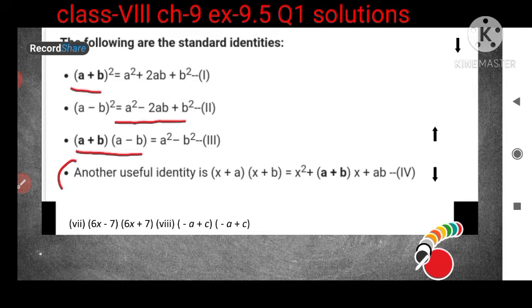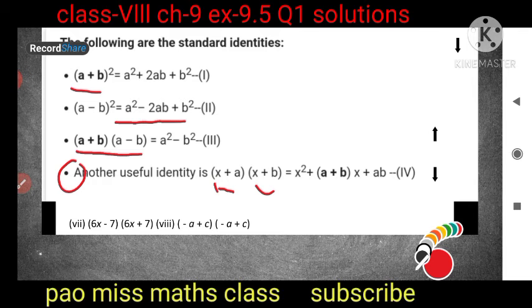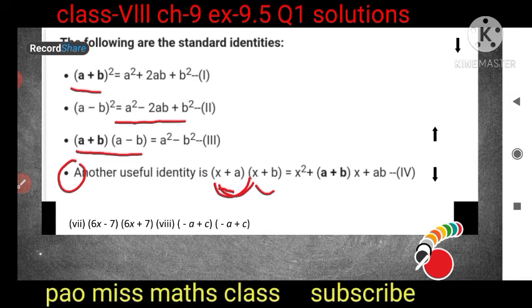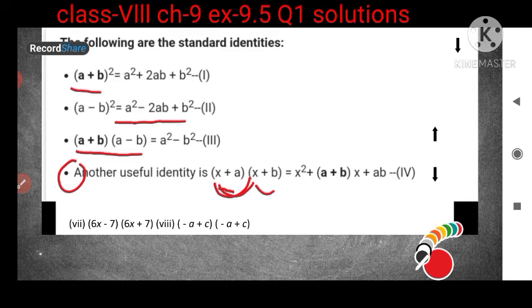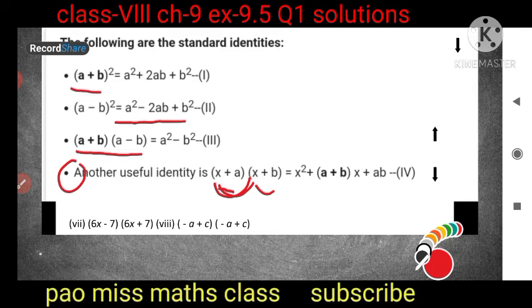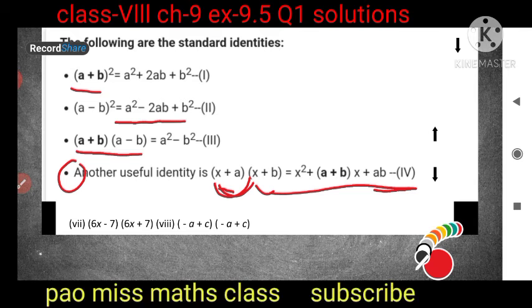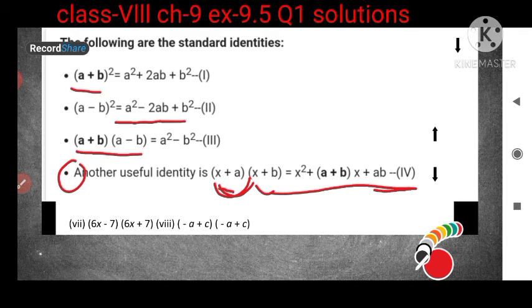Then one more is there, x plus a times x plus b. Now you can see here the common variable is x, and a and b are constants. So x plus a times x plus b is equal to x square plus a plus b times x plus ab, that means a multiplied by b. So these four identities are important for class 8, and in higher classes you will get more identities.